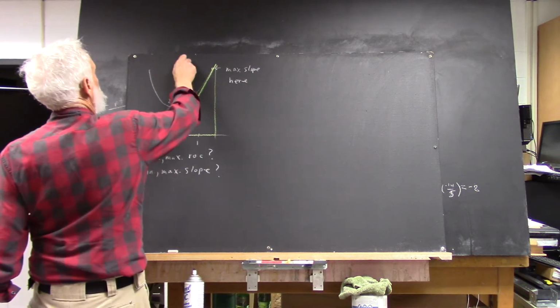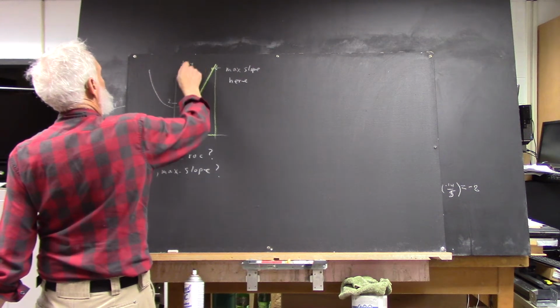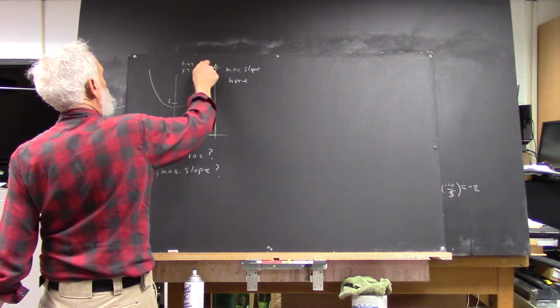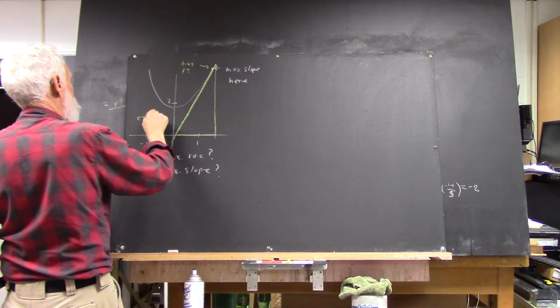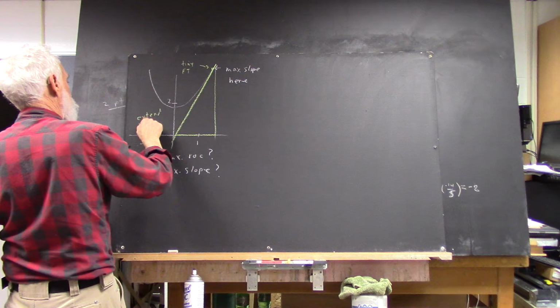So, we do a tiny fundamental triangle. We extend the hypotenuse.